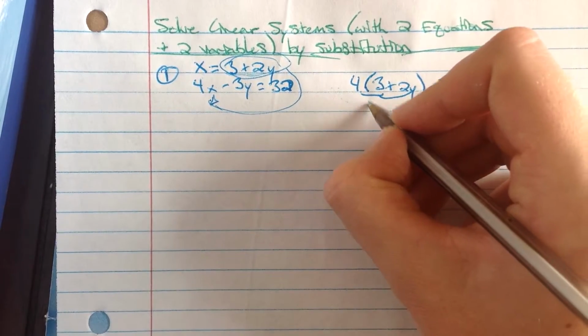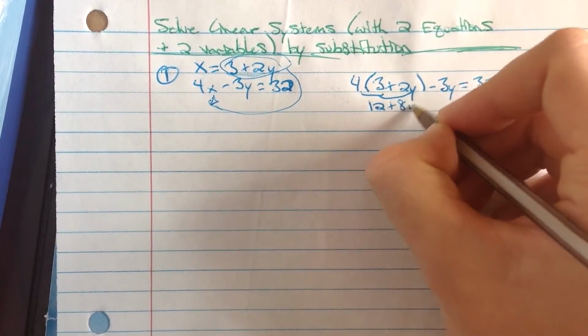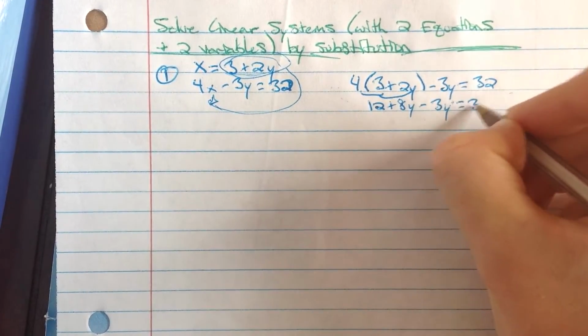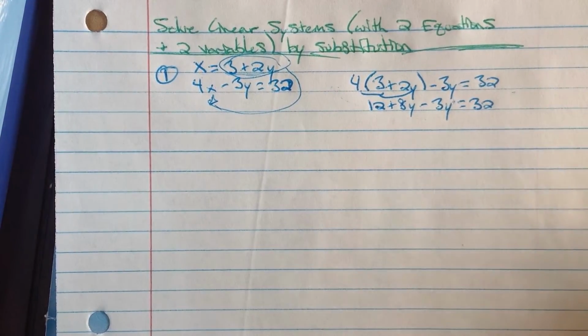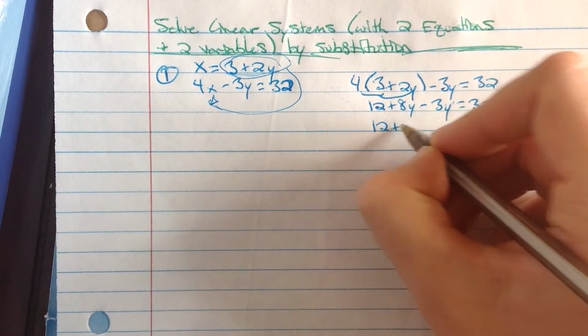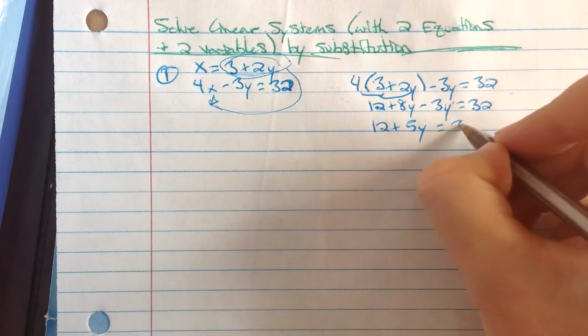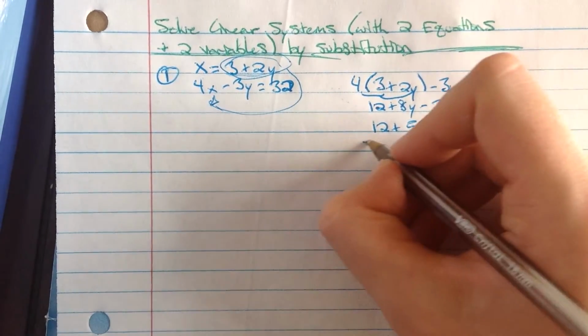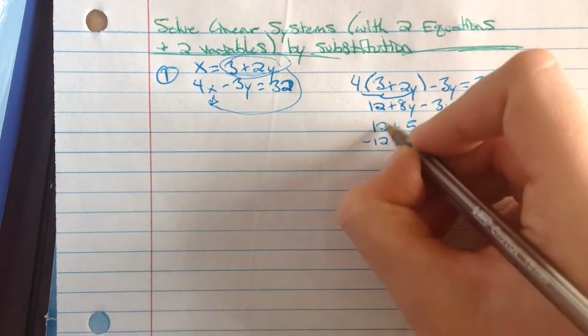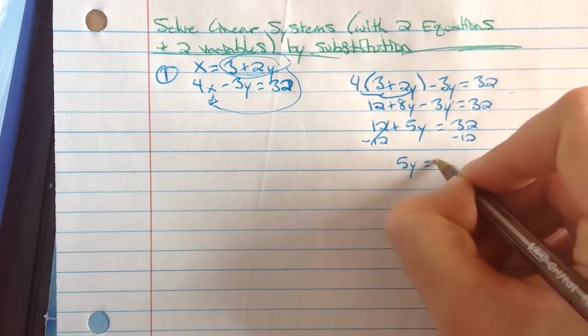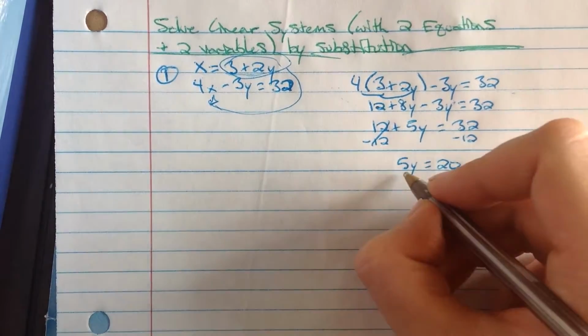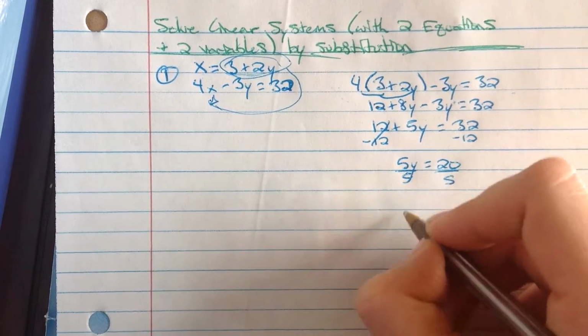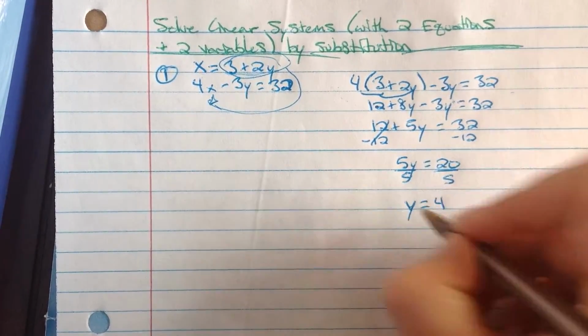So we're going to distribute the 4 through and get our new equation. Combine like terms and then get y by itself. Dividing by 5, lastly, we get that y equals 4.